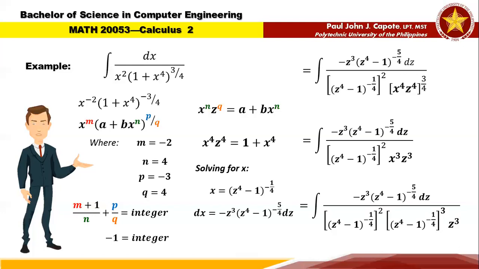And so, in the denominator, we have this new substituted value of the quantity z raised to the power of 4 minus 1 all raised to negative 1/4, raised to the power of 3.